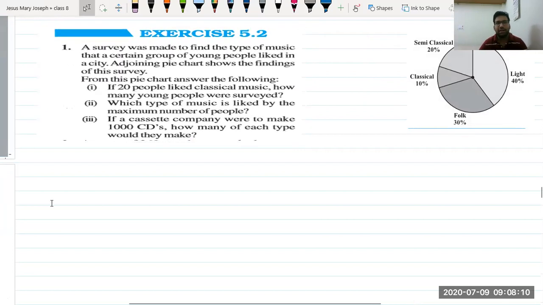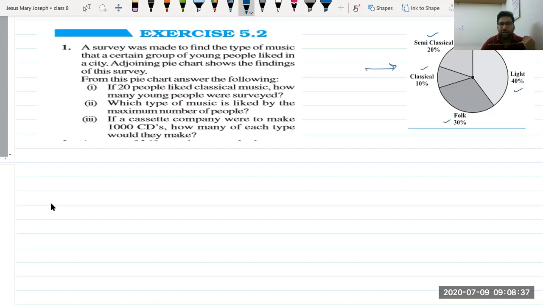It is saying a survey was made to find the type of music that a certain group of young people like. The adjoining pie chart shows the findings of the survey. So we have a pie chart which shows what kind of music youth are liking. 20% like semi-classical, 10% like classical, 30% like folk, and 40% like light music.